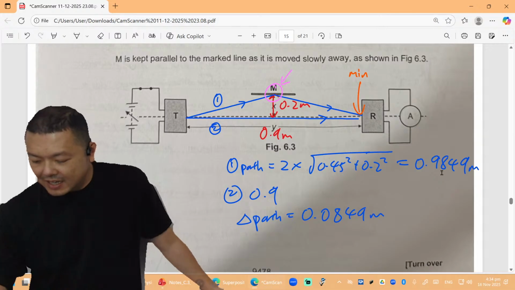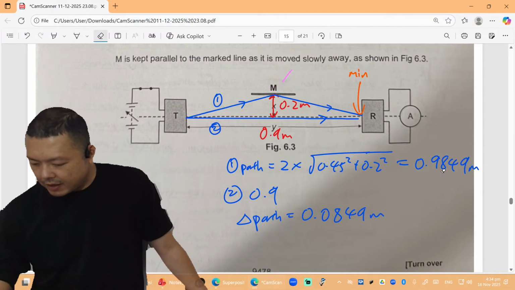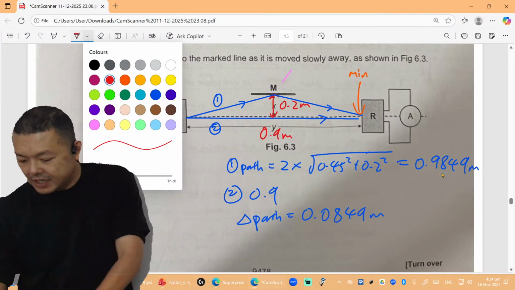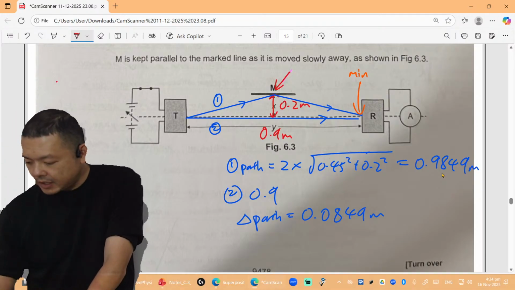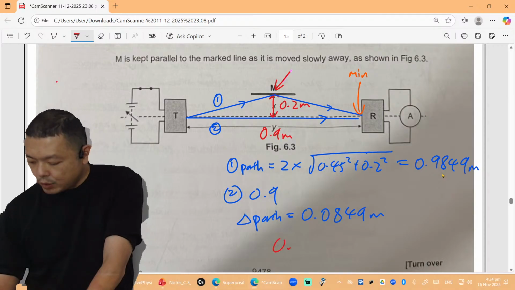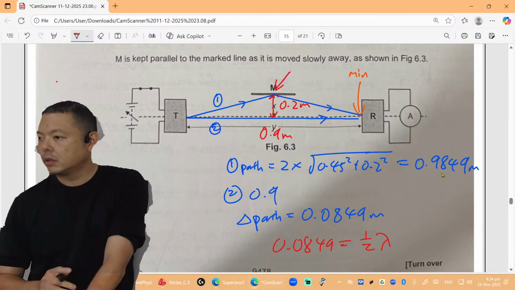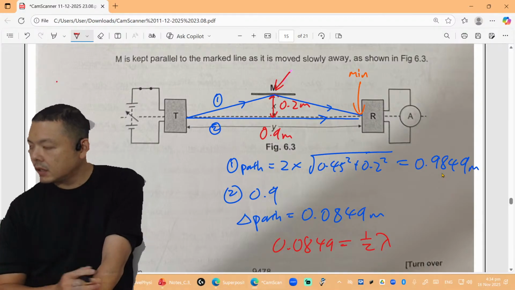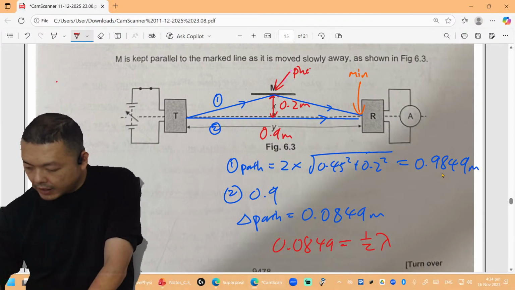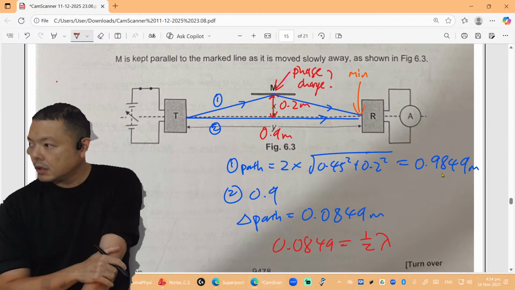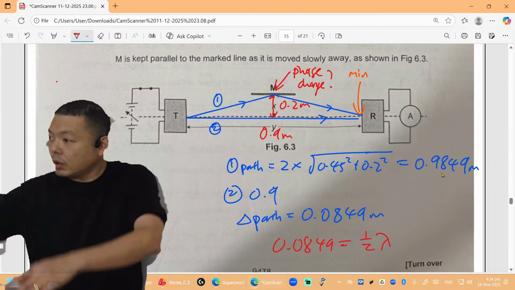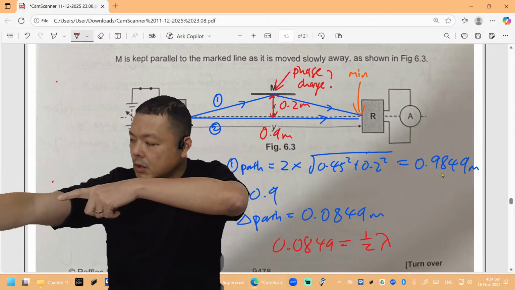Then that means straight away this 0.0849 is half lambda. These people are nasty. You can go and ask your teacher, is there a phase change here? Tell me more about that. How do you know that there was?